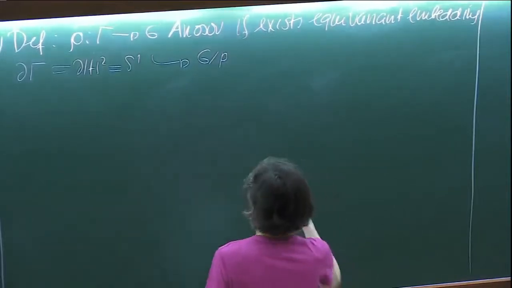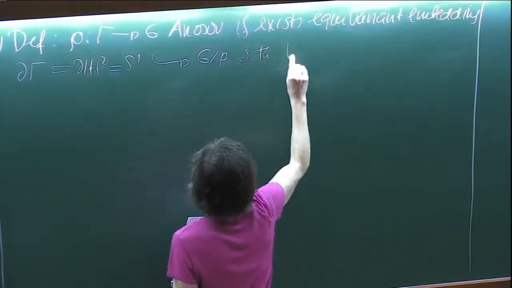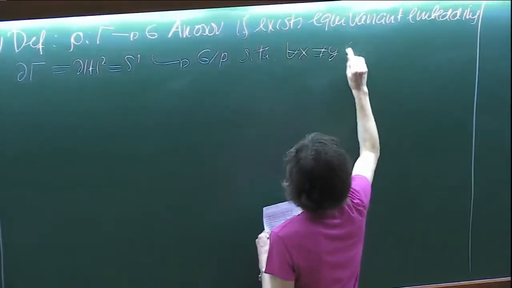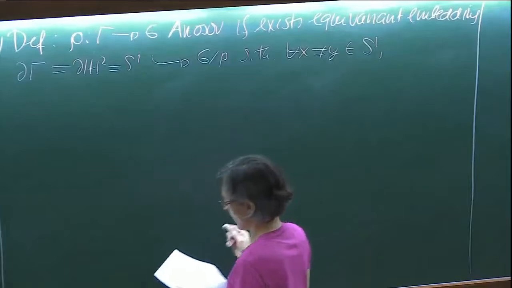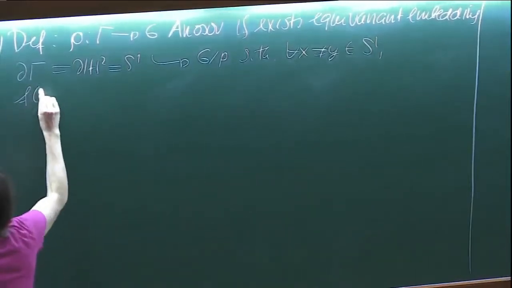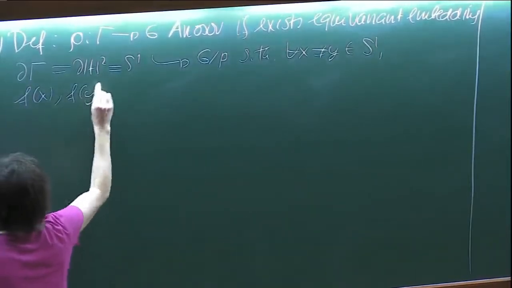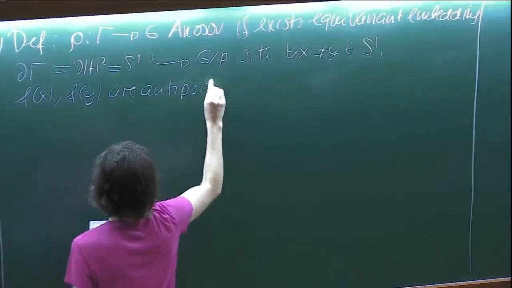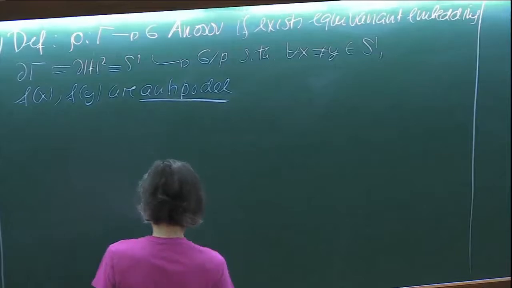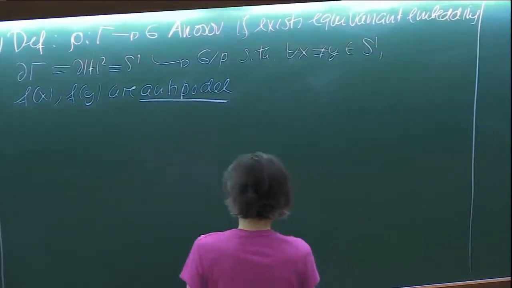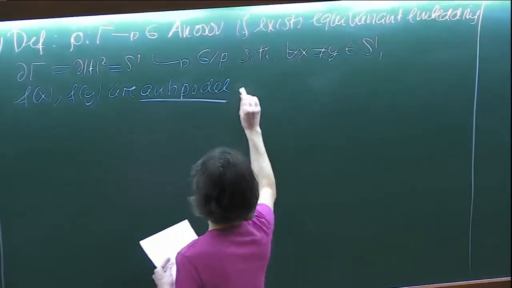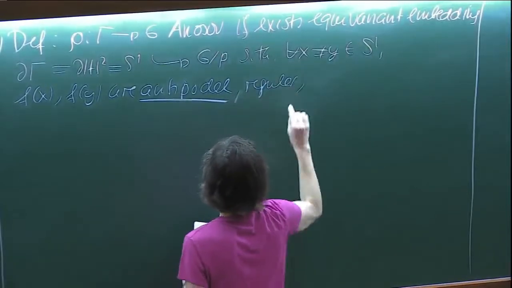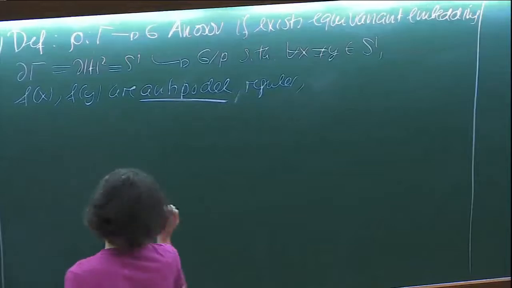And we want that for all x not equal to y in S1, the images f of x and f of y are antipodal and regular, which means that there exists a geodesic.